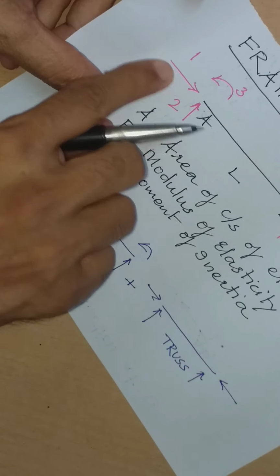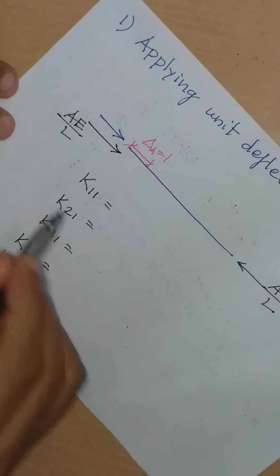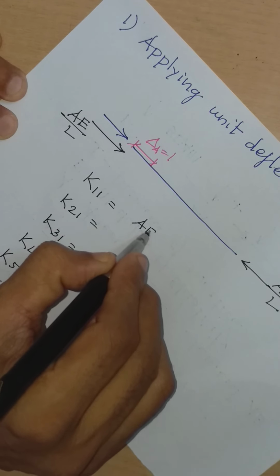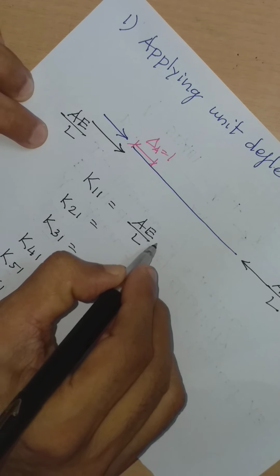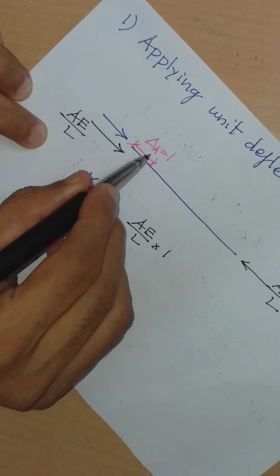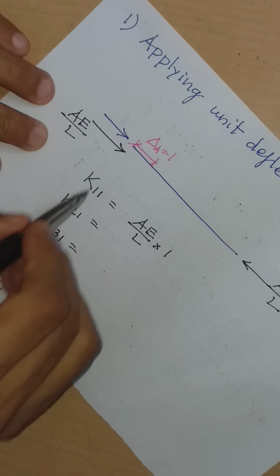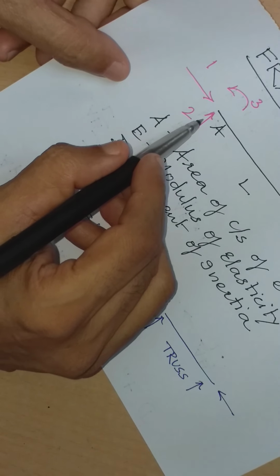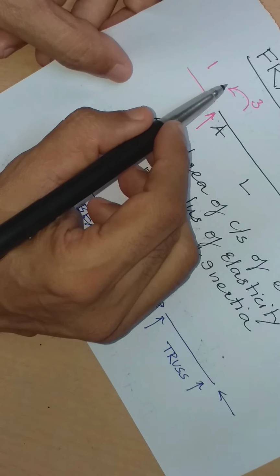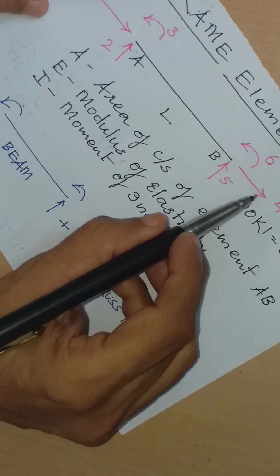So what is the force generated at coordinate 1? Force generated at coordinate 1 is AE upon L into delta, but delta is equal to 1, that is why it is equal to AE upon L. K21, what is the force generated at coordinate 2? There is no force generated at coordinate 2. There is no force generated at coordinate 3. Similarly, coordinate 4 has only one force. Coordinate 5 and 6, no force is generated.